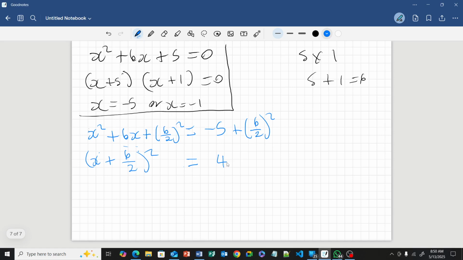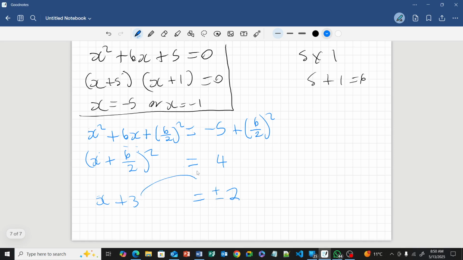Now remember, a 4 is also a squared number. So if I square root both sides, I'm going to get x plus 3, since 6 over 2 is 3, equals 2. The square root of 4 is 2, but since I took a square root, this 2 must be a plus or a minus.